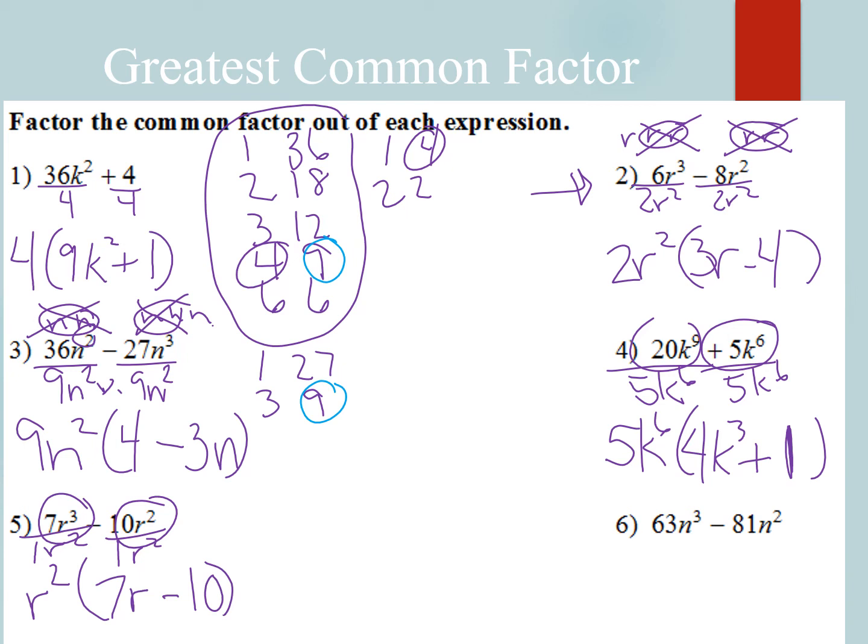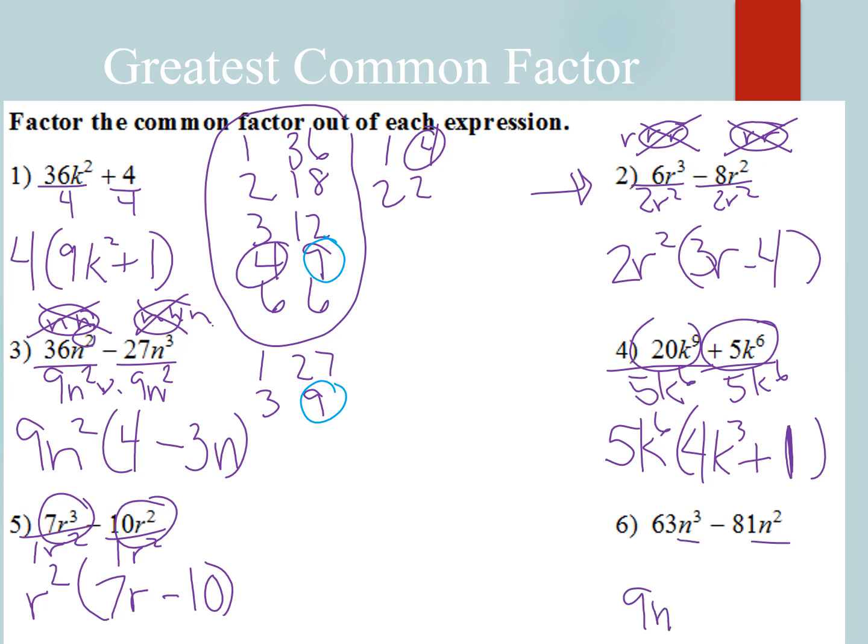Okay, number 6 here. Looking at 63 and 81, get into some larger numbers. Again, you can write out the factors if you wish. I like to go to the smaller number, so like 63, right? If I go to 63, I can go through all the factors, but 9 is the biggest number that they share. And then if I look at the n's, this has 3, this has 2, so I'm going to be taking 2 out.